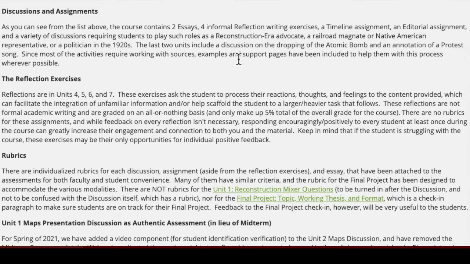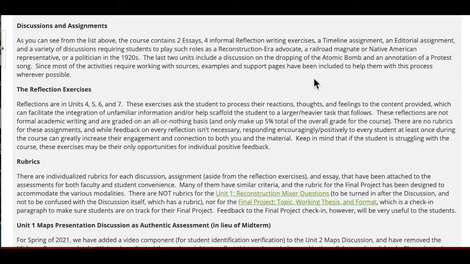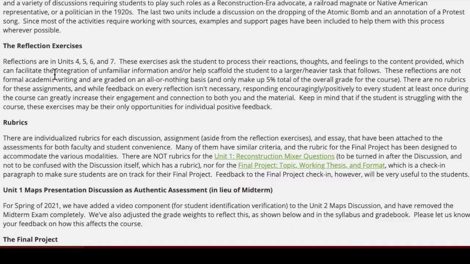The last 2 units include a discussion on the dropping of the atomic bomb and an annotation of a protest song. First of all, the reflection exercises are probably the least intensive and involve the least amount of work.